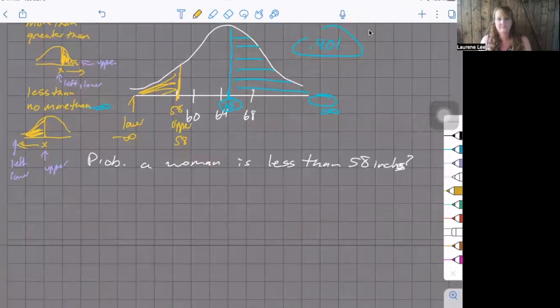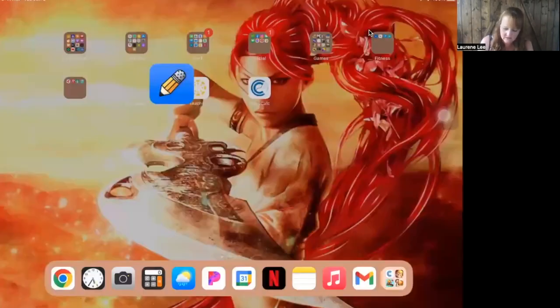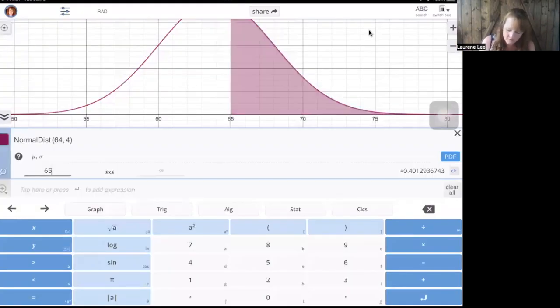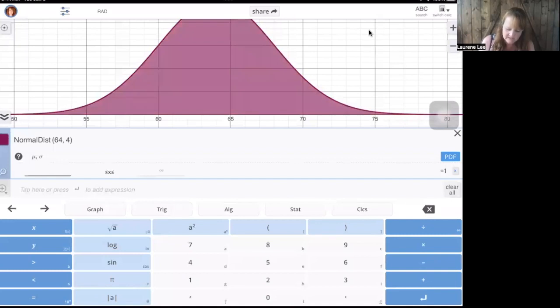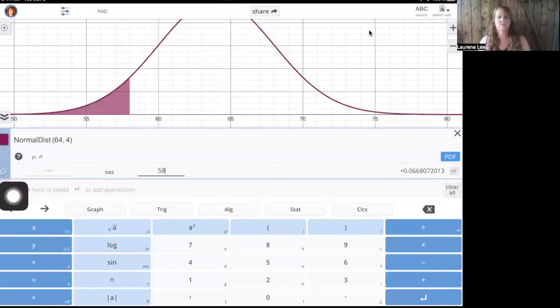That's right there. Okay, on class calc, lower bound, I'm just going to leave it empty, and when it's empty, look at what it says right there, negative infinity to 58. I really like class calc for these problems, because if you draw a picture, which I'm going to have you do for all of your problems, then you can check it on the calculator to see that you entered it right.